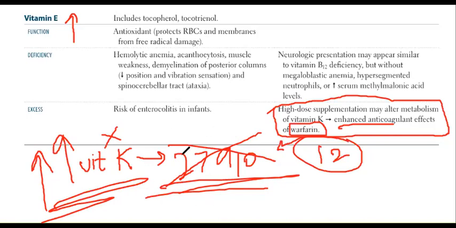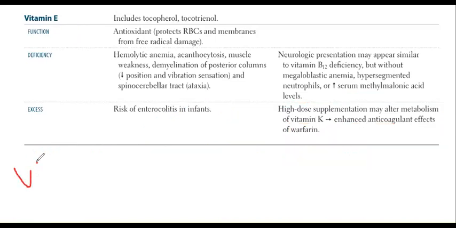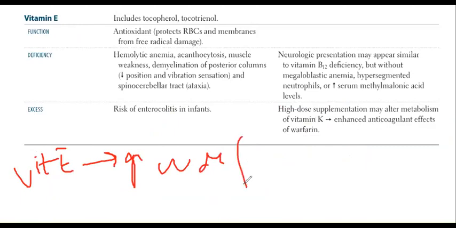Okay, so warfarin works opposite to these factors, and vitamin K makes these factors. So what vitamin E is doing is increasing the activity of warfarin. That is, it is decreasing the activity of vitamin K. So you are getting my point? You can write it down: vitamin E is increasing warfarin activity.